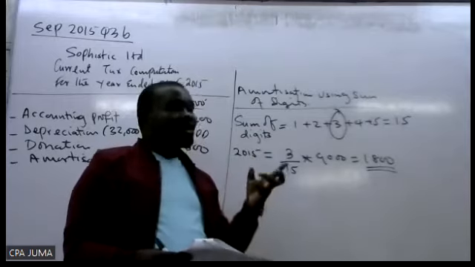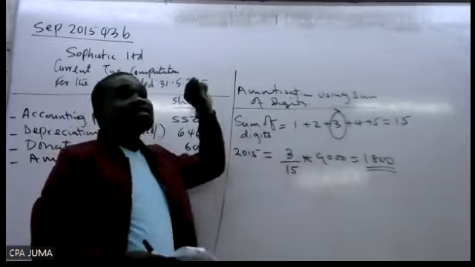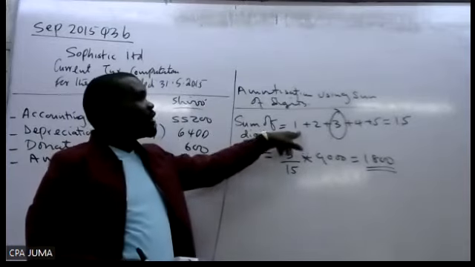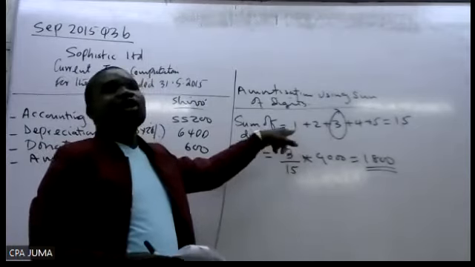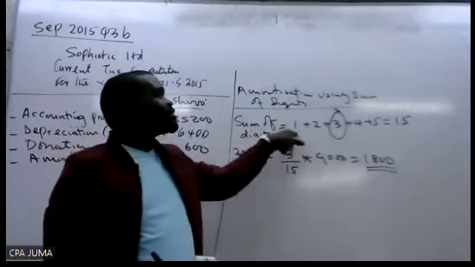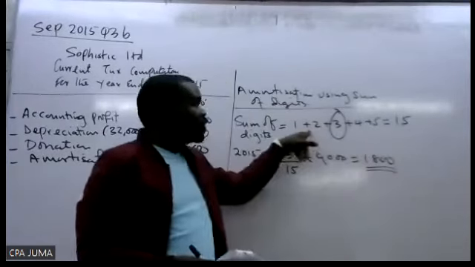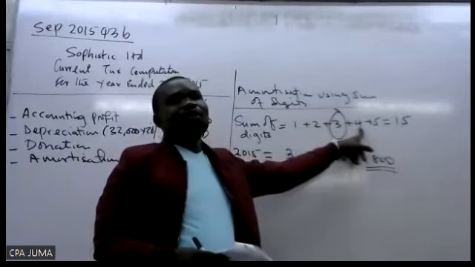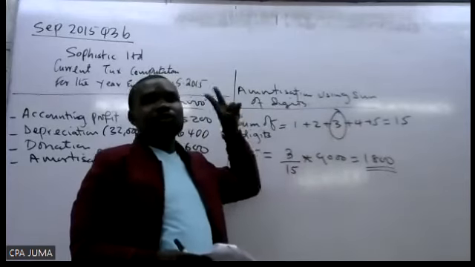So the rate at which it loses value is very high at first. By nature, assets are assumed to lose much in the first years of operation. So year 1 is 5 over 15. Year 2 is 4 over 15.